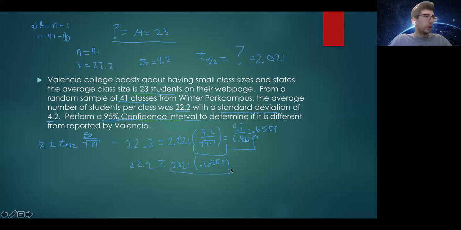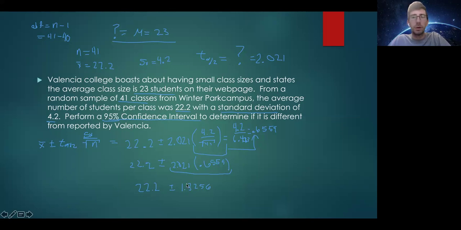So now if we calculate 2.021 times that 0.6559, I get 1.3256. And so now all we have to do is add and subtract this margin of error from 22.2.